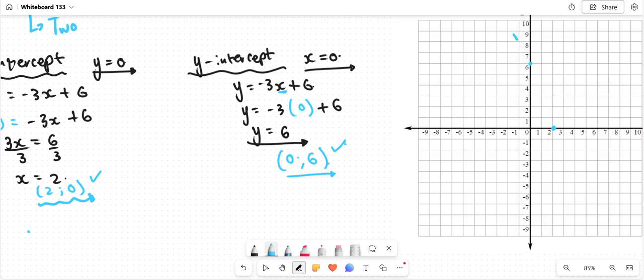And then again, you need to join these guys with a perfect line. There's my line. It does not look as perfect as I would have hoped, but sure, that's how you would draw this. And again, you need to label this with the equation, and so y is equal to, what was it, -3x plus 6.